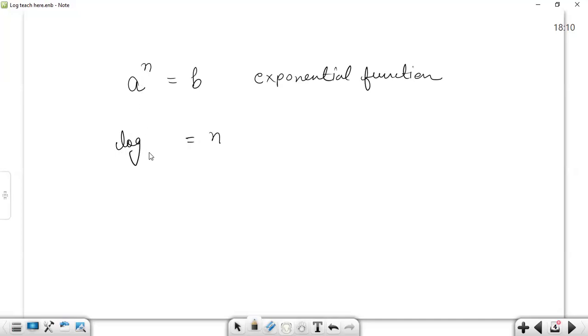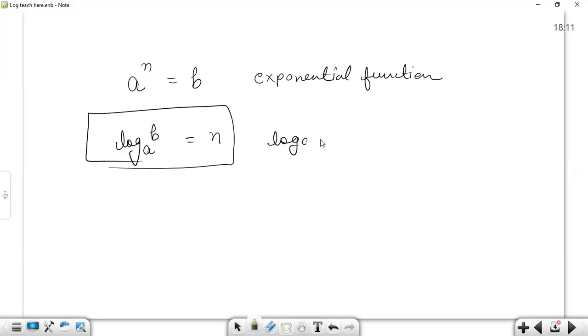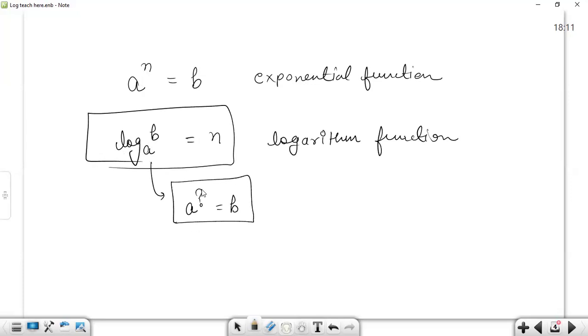To what power should a be raised to give b? That's the question which our logarithm function is answering. Understood? That is what use logarithms have. That basically tells to what power a should be raised so that it gives b. And this is answered by logarithm. This is n here. Correct?